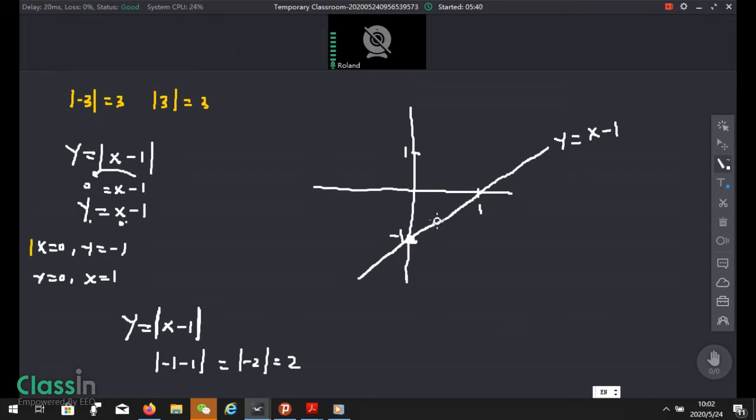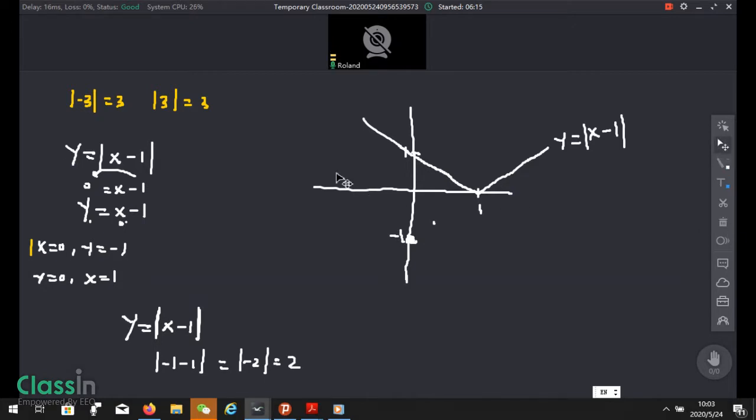All these negative y values will be positive, so there will be no negative y value. So this graph will be reflected across the x-axis, and we have a shape like this. This section will not be there. And this will be the absolute value of x minus 1. All the negative y values will be reflected to be positive.